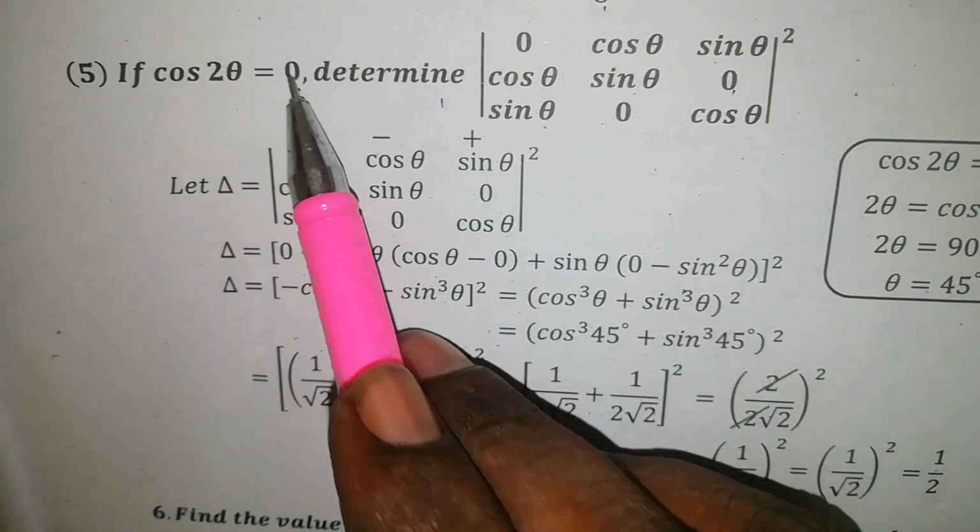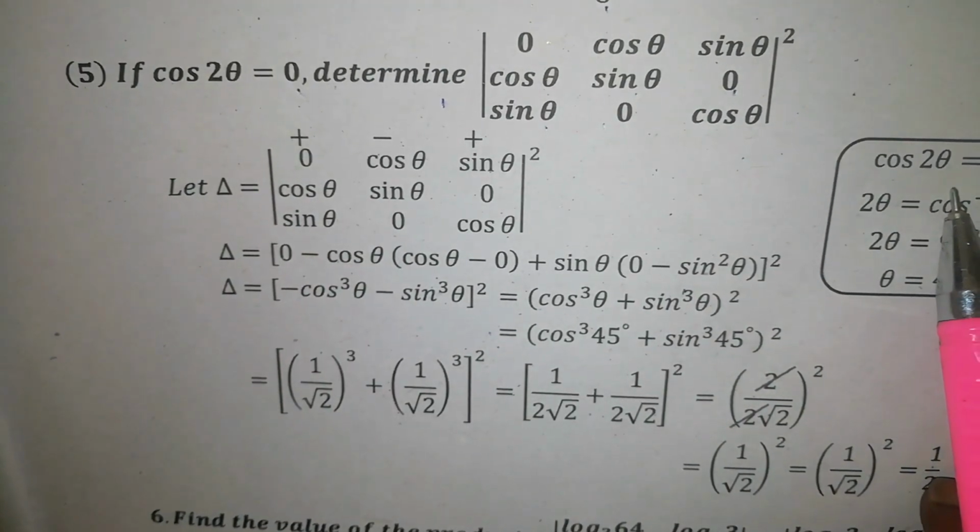The given cos 2 theta equal to 0 means 2 theta is equal to cos inverse of 0. The value becomes 0 at cos 90 only, no? So cos inverse of 0 is 90.